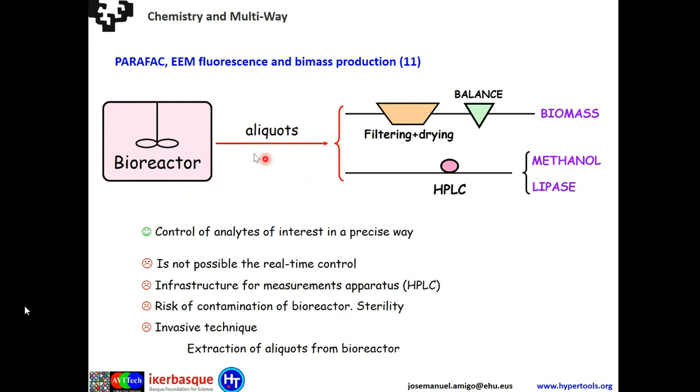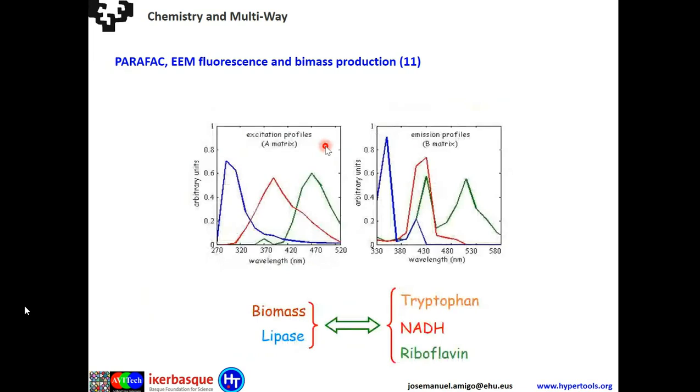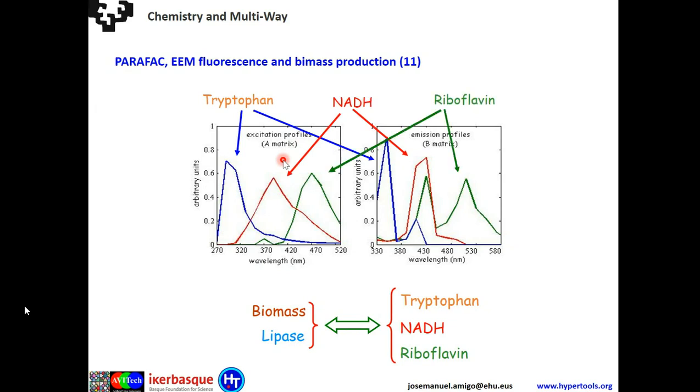Basically, what we did here is to monitor the development of 3 compounds that are quite common in biomass production, like tryptophan, NADH, and riboflavin. Okay, and we want to correlate this with biomass and the production of lipase.